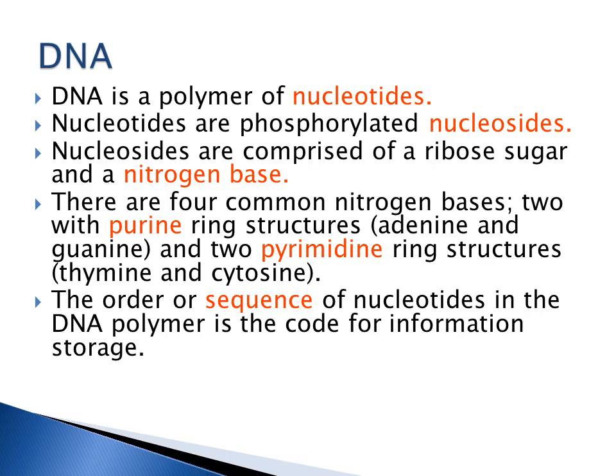And 2 of the bases have pyrimidine ring structures, and these are thymine and cytosine. So the order, or what we call the sequence of the nucleotide bases in a DNA polymer, is the coding information. And we'll discuss more about that when we talk about translation.